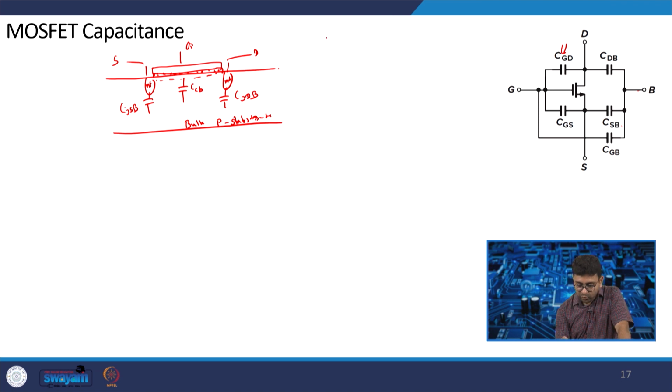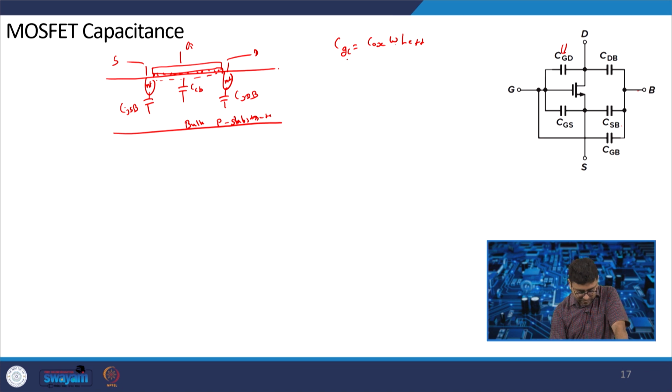You can get your capacitance CGC, which is a function of C ox W L effective, because there is an oxide capacitance C ox, multiplied by the width, since your area is W into L effective.